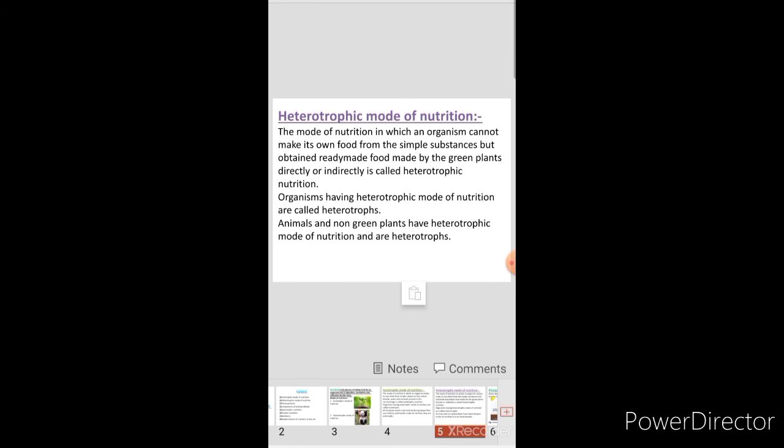And here is one difference between autotrophic and heterotrophic: in autotrophic mode of nutrition, organisms can make their own food, but in heterotrophic mode of nutrition, they cannot. And organisms having heterotrophic mode of nutrition are called heterotrophs, like humans, animals and non-green plants.